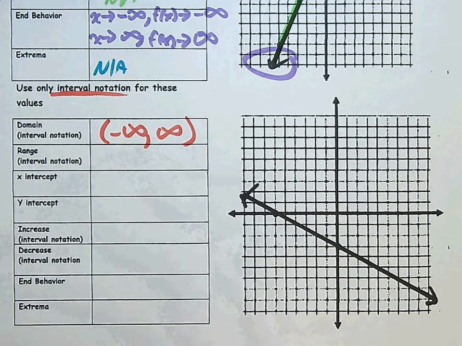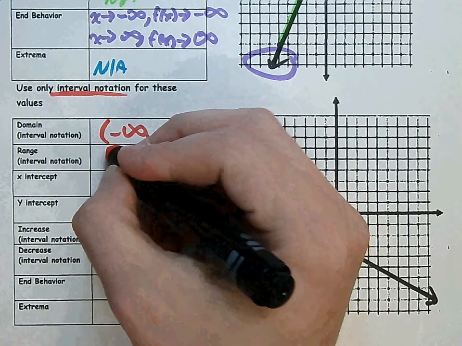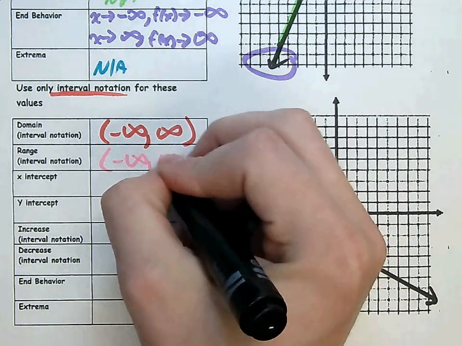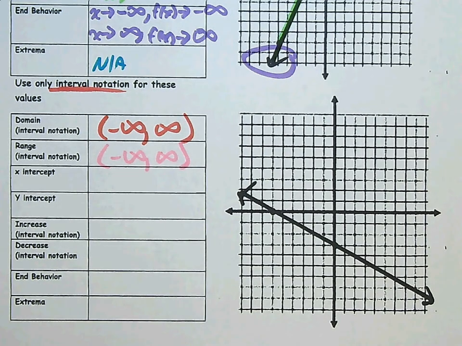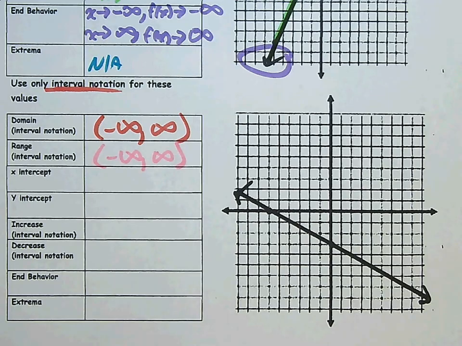Now this one is a little weird because it doesn't actually make me tell that the range is the y values. The range is going to look the same way. Negative infinity to infinity. There's no x's or y's when we do interval notation. They assume you know that domain is x. They assume you know range is y. Okay?